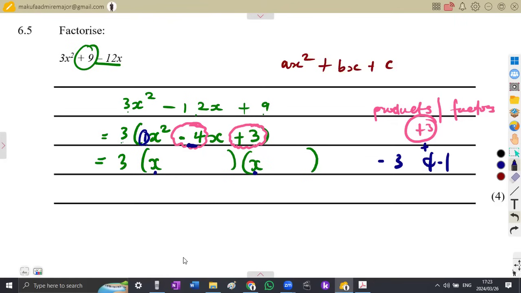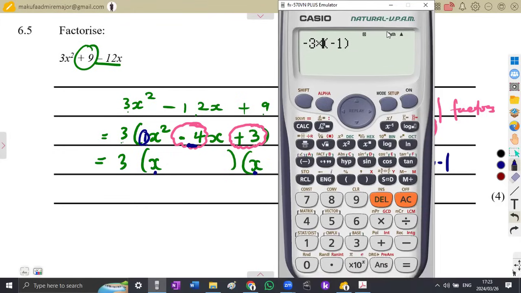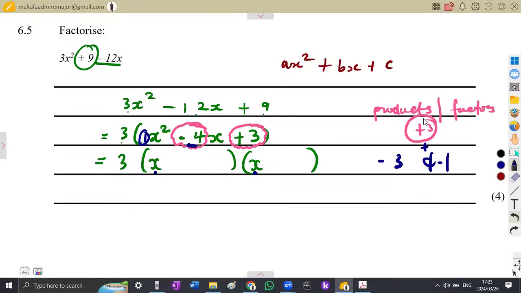So these two numbers, they were the same numbers that we multiplied before, and they gave us a 3. If you multiply -3 and -1, you're supposed to obtain what? A positive 3. So they are factors of 3. But if you add these two numbers, they are going to give us what? -4.